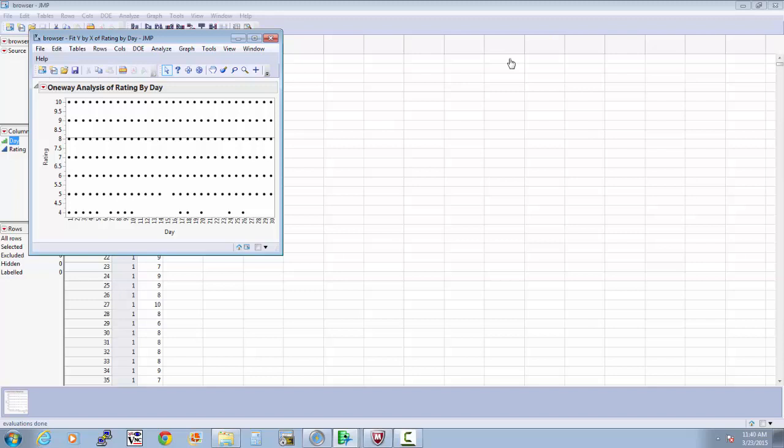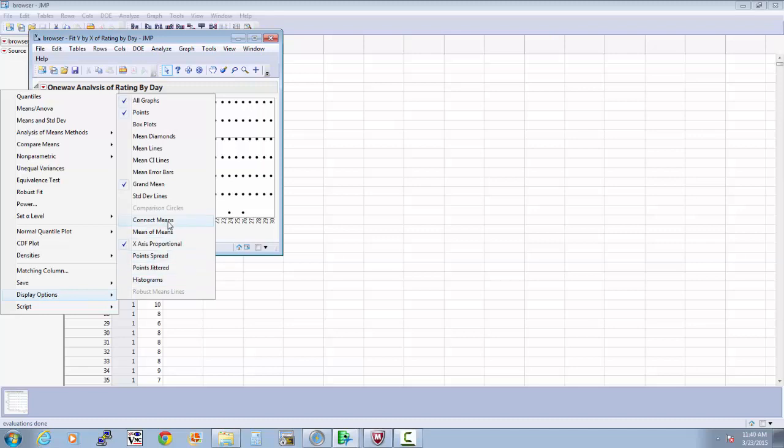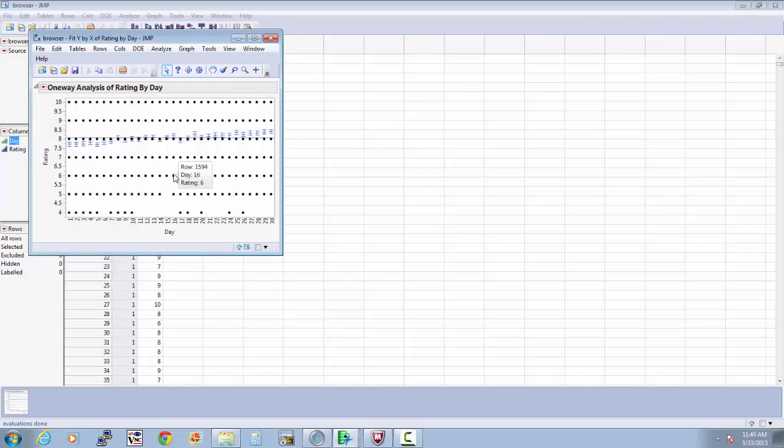So I note that it's really hard to tell what's going on here, but one of the things that I can do is add to this chart the daily means. I'll do that by right-clicking on the title bar, going to Display Options, and choosing Mean Error Bars.